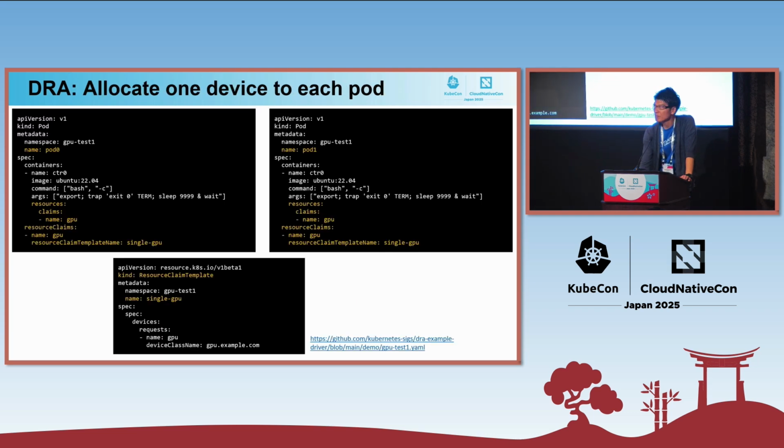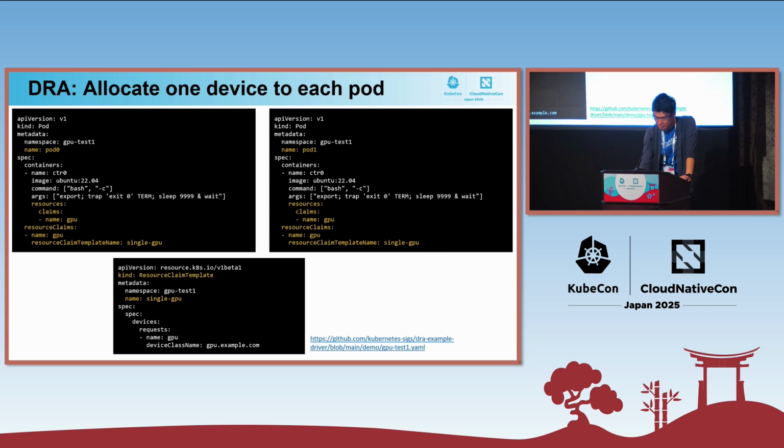So this is a simple example of DRA usage from a sample driver. DRA was inspired by dynamic volume provisioning, so you can configure a pod in a similar way to persistent volumes. In pod specs, we define resource claims and refer to them from containers. In this case, two pods request one device respectively.